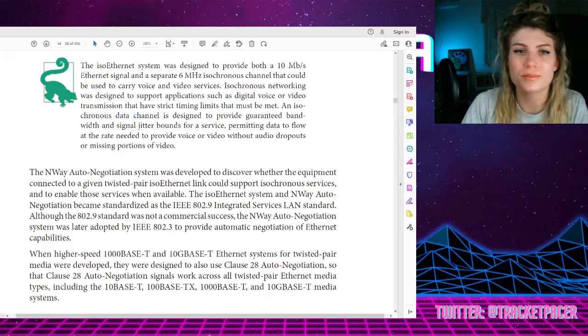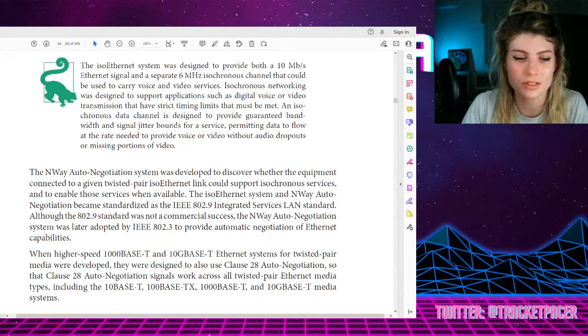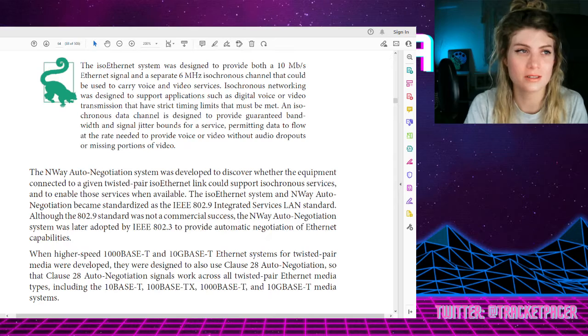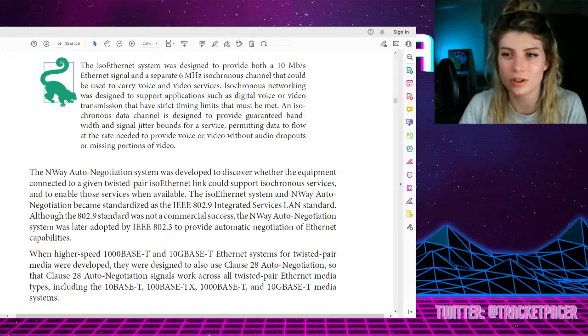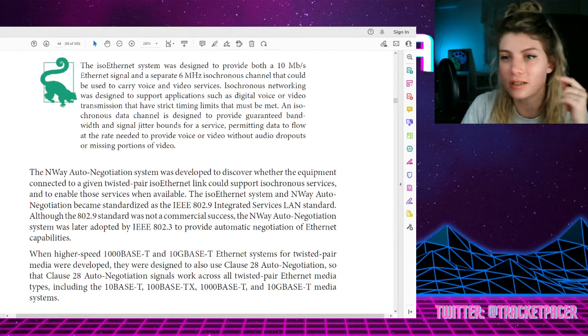The ISO Ethernet system was designed to provide both a 10 megabit per second Ethernet signal and a separate 6 megahertz isochronous channel that could be used to carry voice and video services. You know what I didn't do when I was looking up how to pronounce it? Look up what it means. I think I know from context clues, but I want to know 100%. Okay, simultaneous.